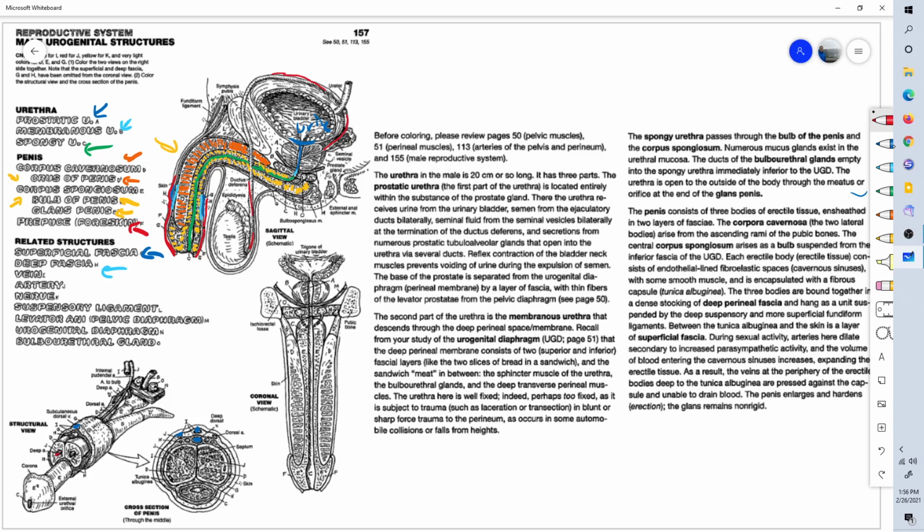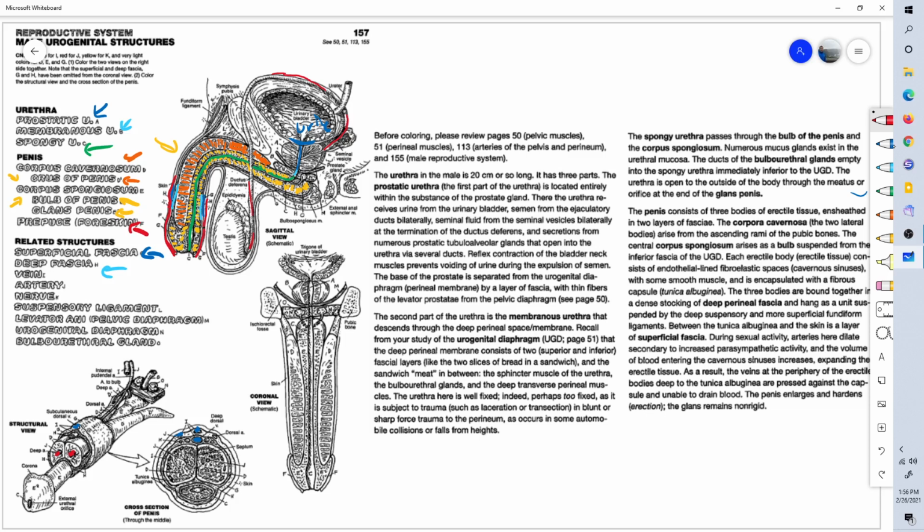And here's a deep artery here inside the spongiosum. And notice that there are two corpus cavernosum and one corpus spongiosum.